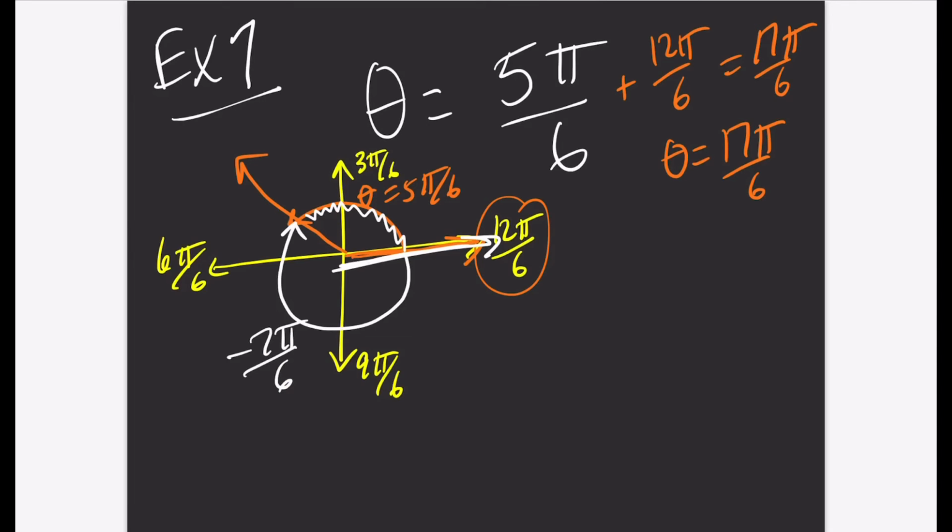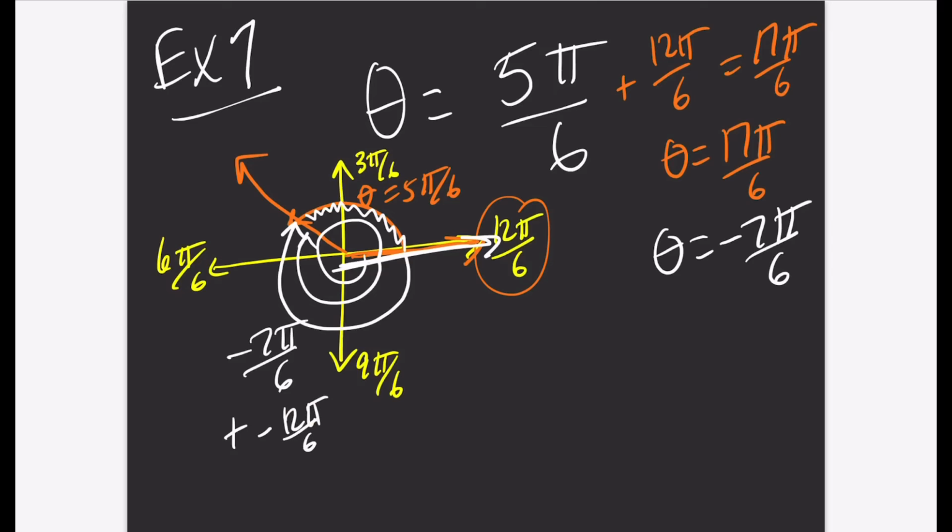Now you have a negative 7 pi over 6 as a coterminal angle. If you want another one, just add a full revolution, and again, a full revolution is negative 12 pi over 6. If you add those, you get negative 17 pi over 6.